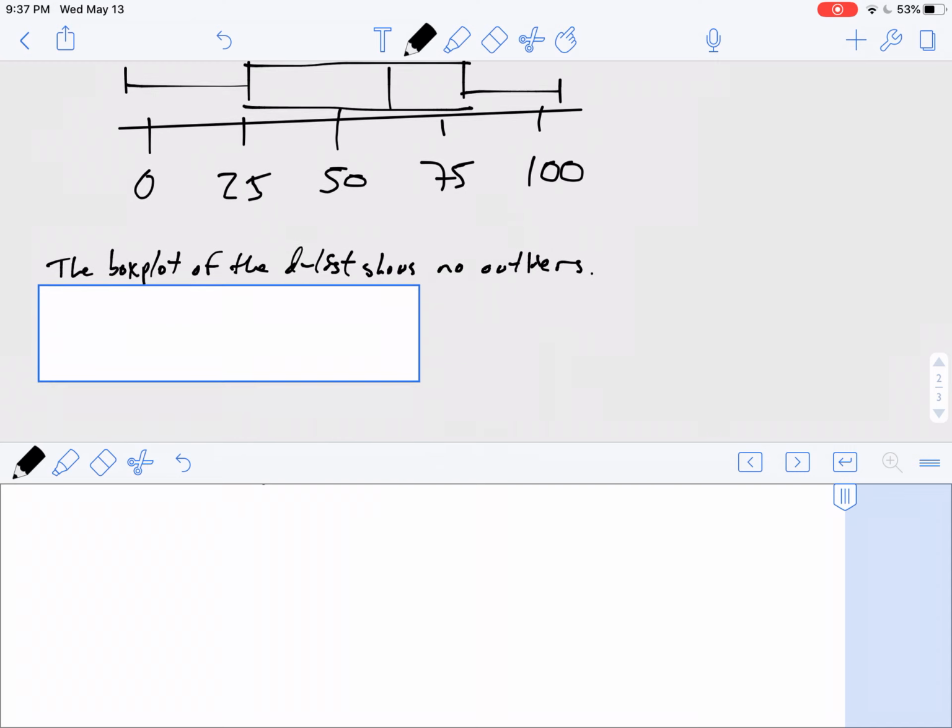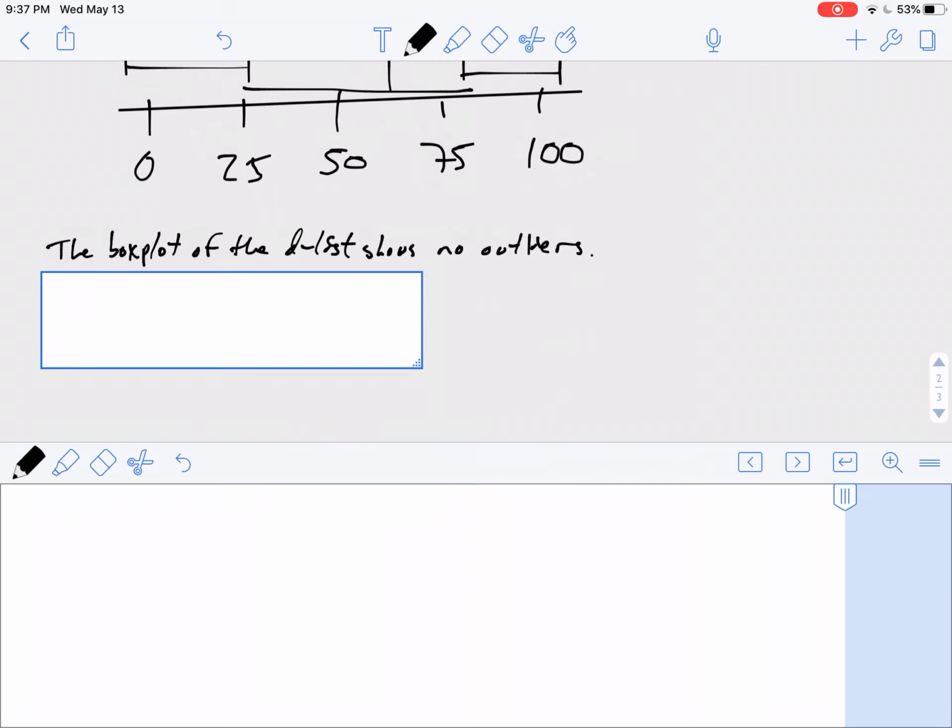And then I also want the condition about independence. So remember, since we're sampling here without replacement, we want our sample to be no more than 10% of the population. We only took a sample of size 9, so that's clearly going to be less than the population of asthmatics. So let's just write that.